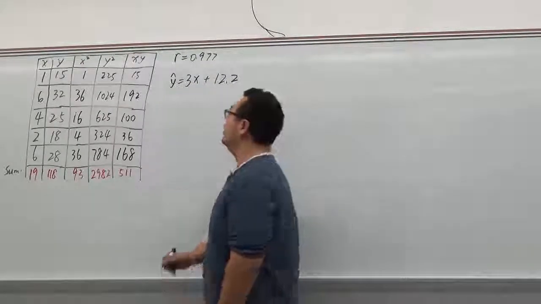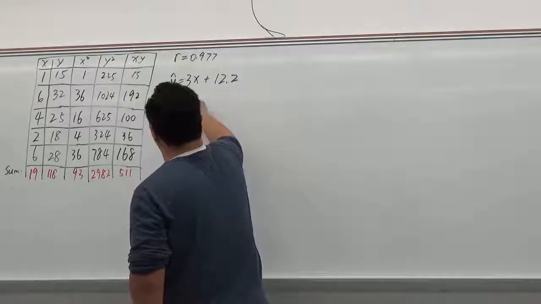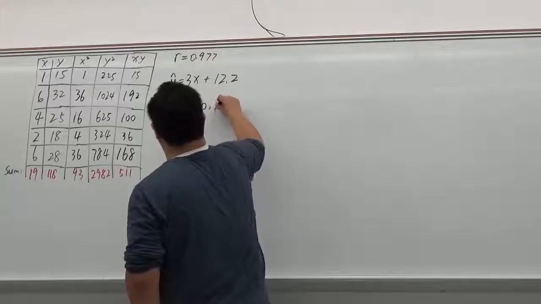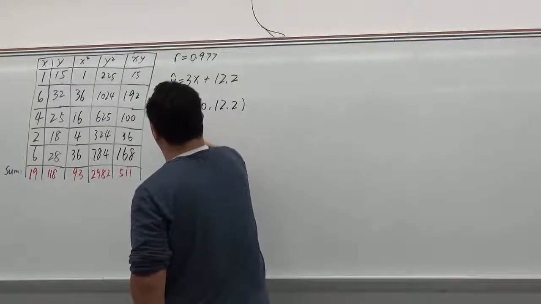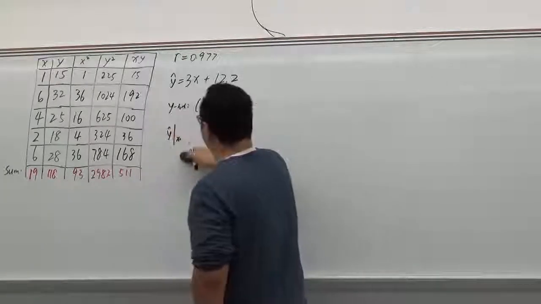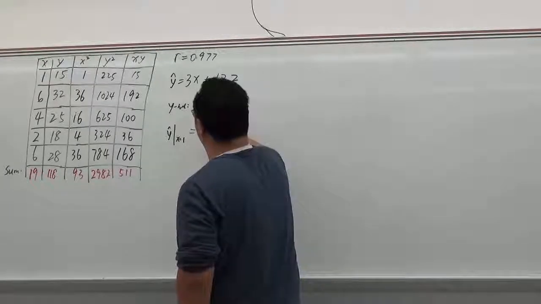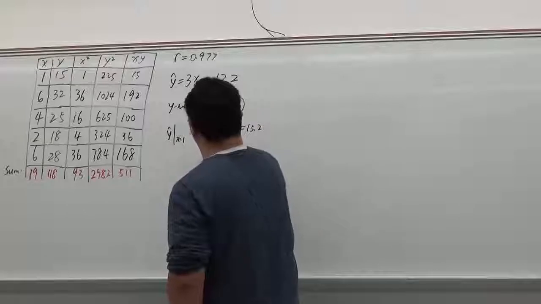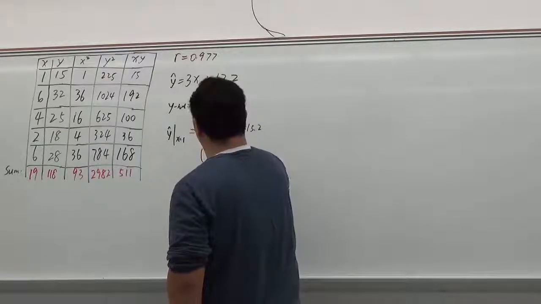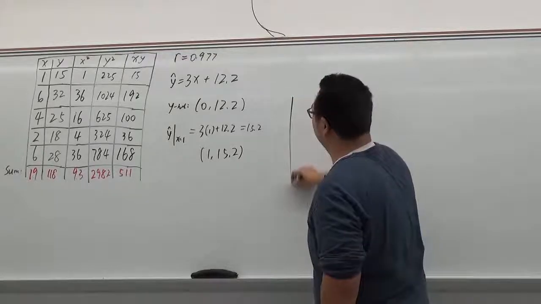So the first point is the y-intercept at (0, 12.2). Then we evaluate y hat at x equal 1: 3 times 1 plus 12.2. We get 15.2. Then we just use those 2 points to graph.